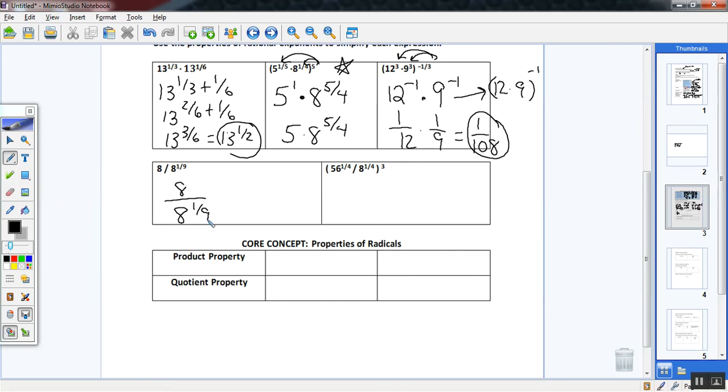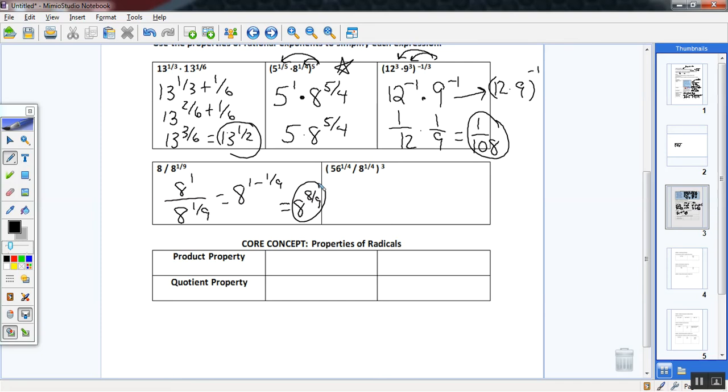This is really up top, 8 to how much? So you're really going to say this is 8 to the first minus what? 8 minus 8 to the 1/9. Okay, so 1 minus 1/9 as my exponent would make 8 to the 8/9 power.